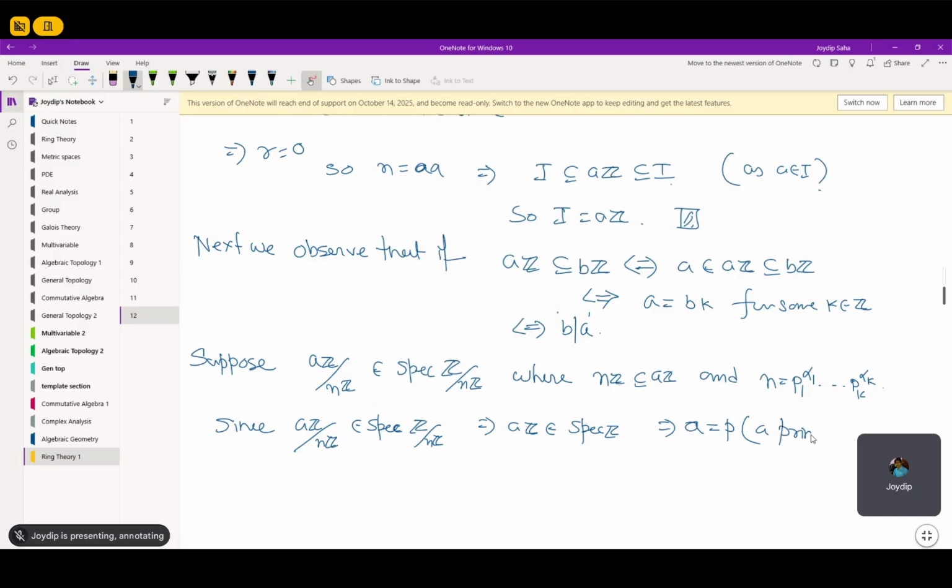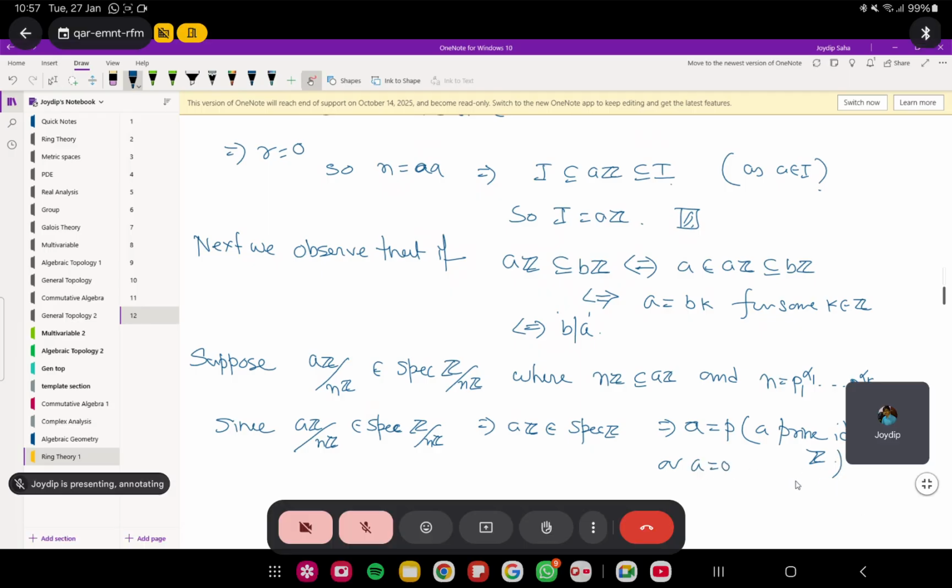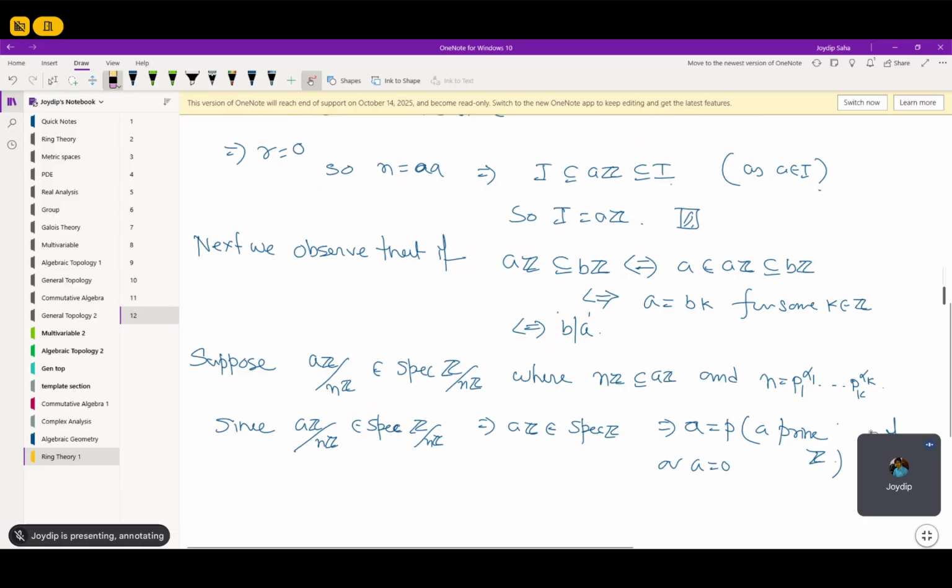By definition of prime, P divides AB implies P divides A or P divides B. You see that PZ and 0 are the prime spectrum of Z. Prime ideal of Z is PZ for a prime number P, or a equals 0.